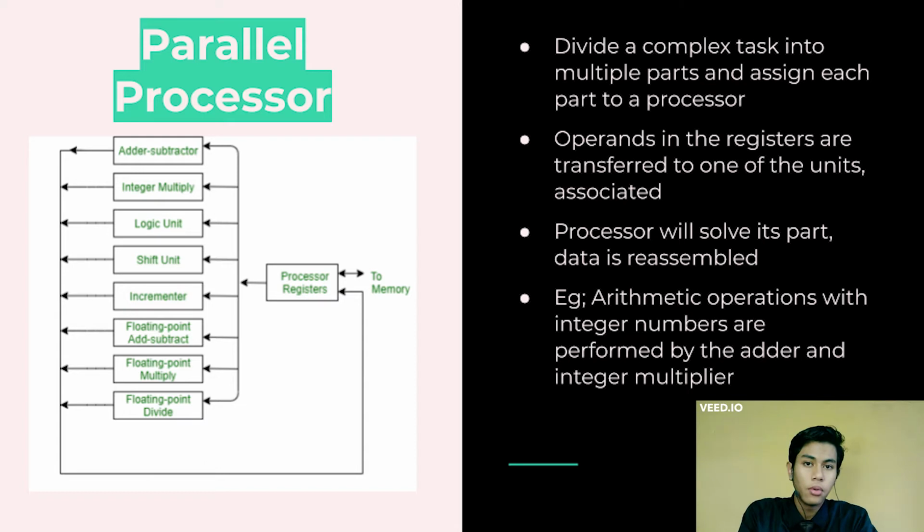For example, if the process is an arithmetic operation with integer numbers, the functional units involved are the adder and integer multiplier. So the register will send the operands to both the adder and integer multiplier simultaneously so that the program will run faster.